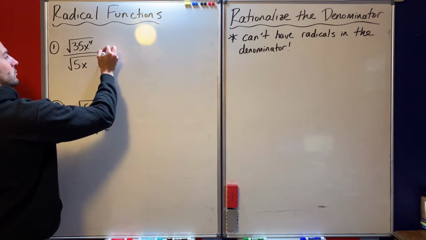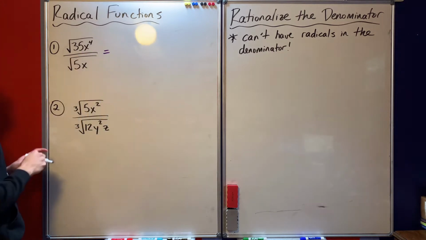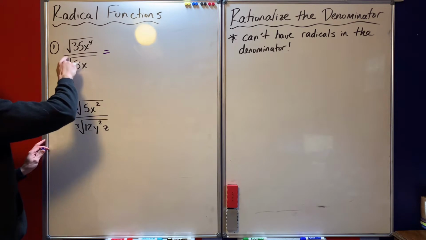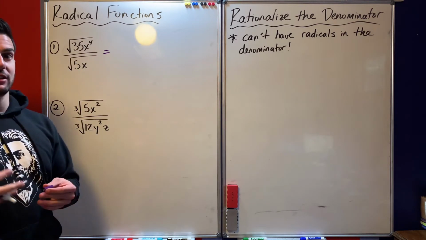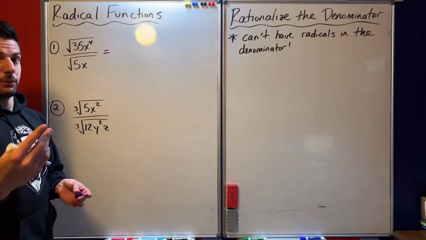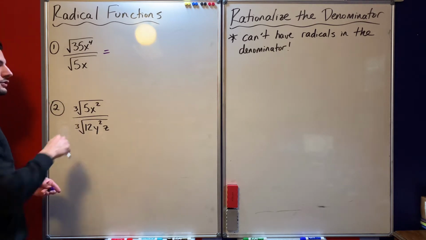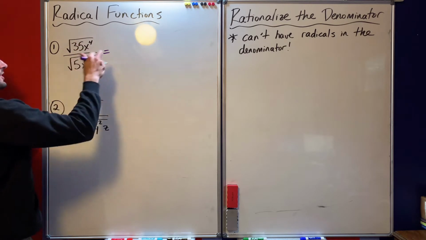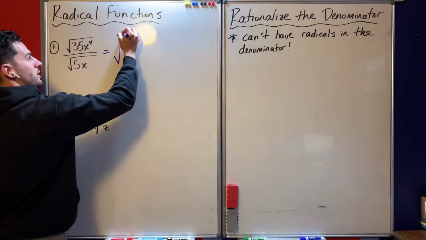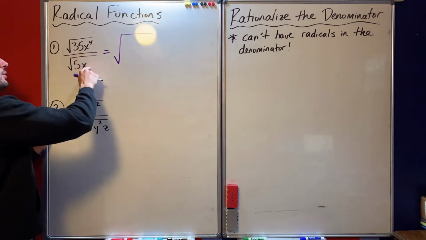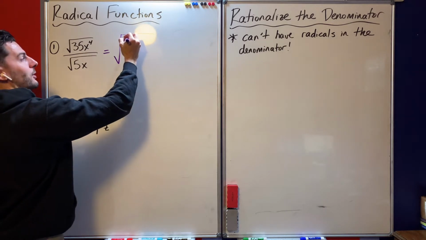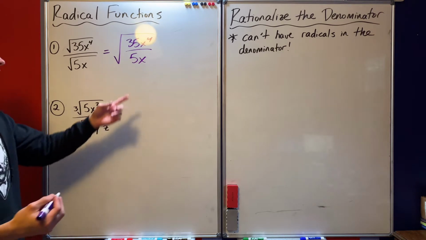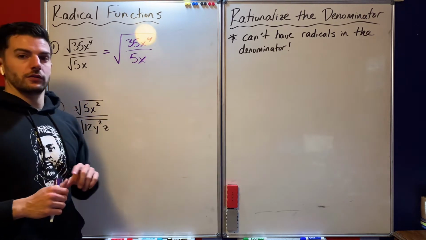There's a rule that says as long as the radicals have the same index, the same type of radical, like they're both square roots or both cube roots, you're allowed to change this. So I could rewrite this as one big radical and write both the top and bottom of this fraction inside that. So this would be the same as the square root of 35x to the fourth over 5x, okay?